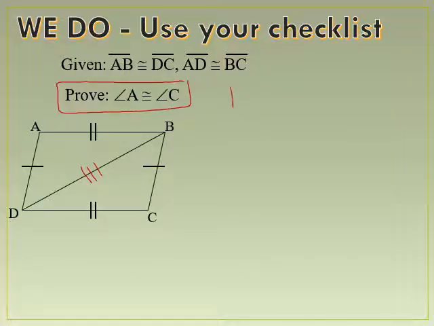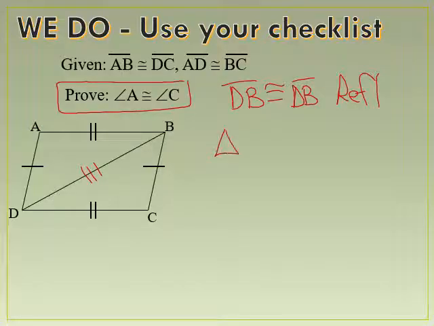We know that DB is congruent to itself, and that is using the reflexive property. So we know it's congruent to itself. That's why we put the 3 marks on there. And so now I can say, triangle DAB.